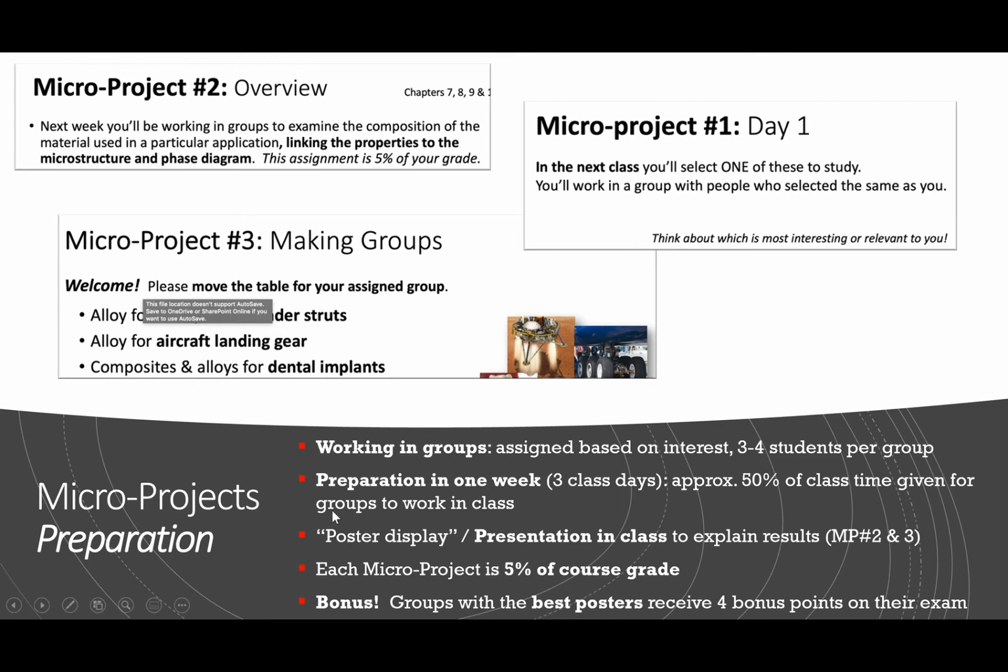And preparation was in 1 week, 3 class days. Approximately 50% of class time was given for groups to work in class. And then the poster display was presented in the class. And we also had a bonus for the best posters.